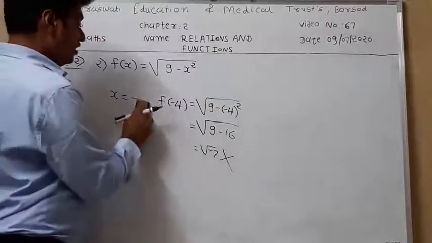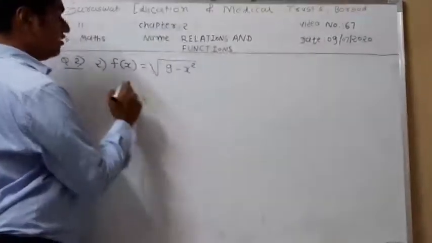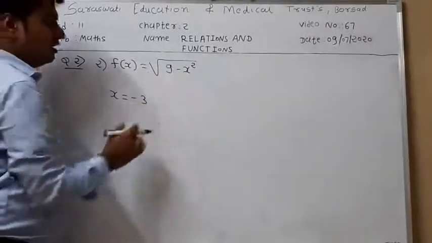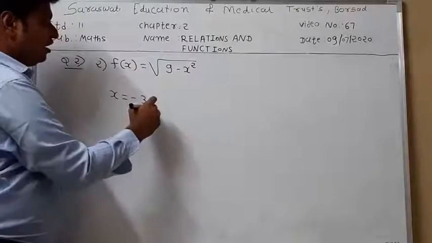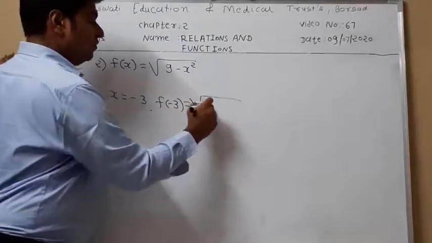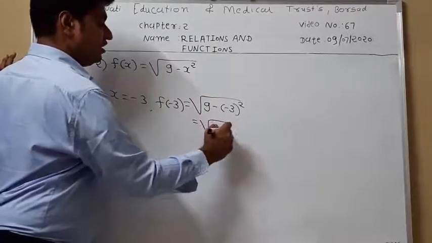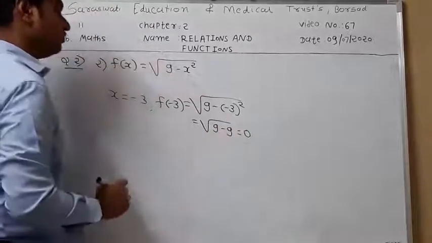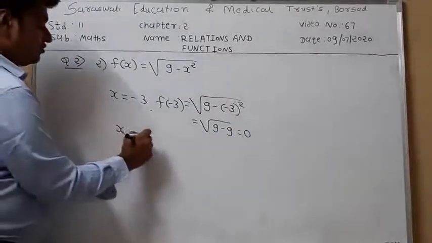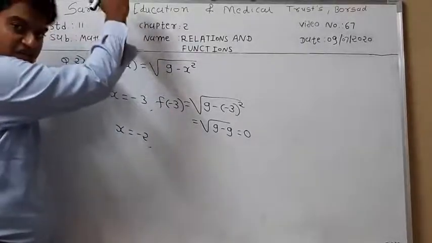Now we can consider minus 3. Minus 4 we cannot consider because we get a negative number in under root form. Now f of minus 3 is under root 9 minus 3 square, that means under root 9 minus 9, that means 0. Below minus 3 we cannot consider.